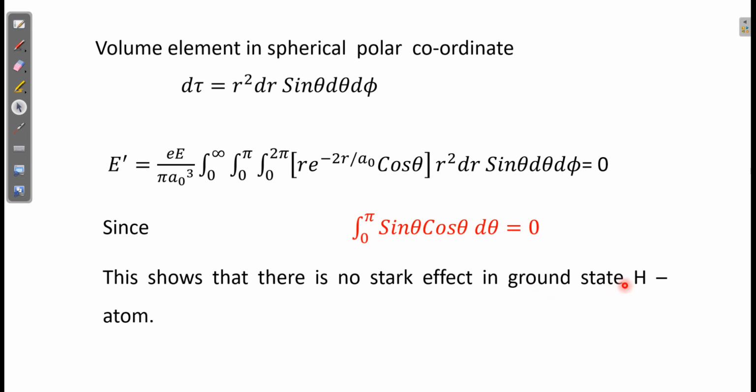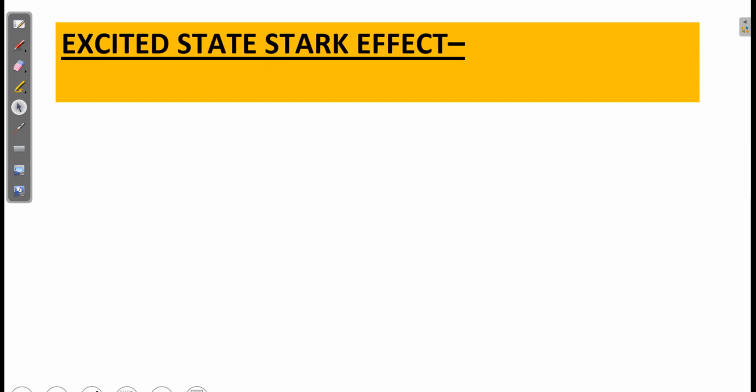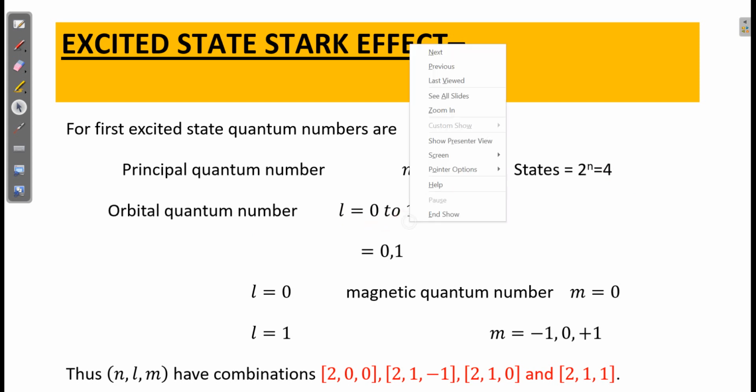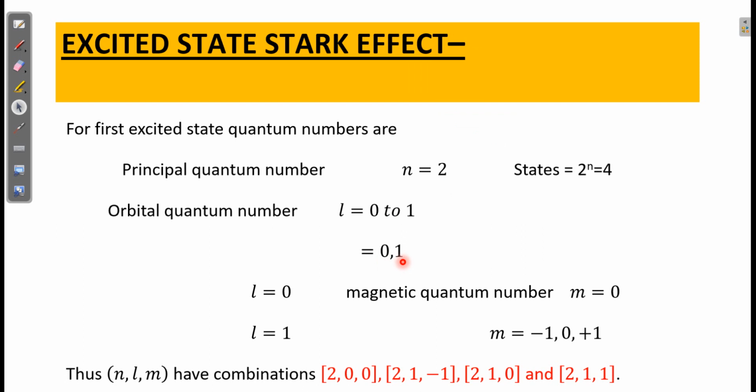Now we study the excited state. For the excited state, the principal quantum number n is equal to 2. Total number of states is 4. For n is equal to 2, the orbital quantum number l is equal to 0 to n minus 1, that means 0 to 1. For l equal to 0, the magnetic quantum number m equal to 0.